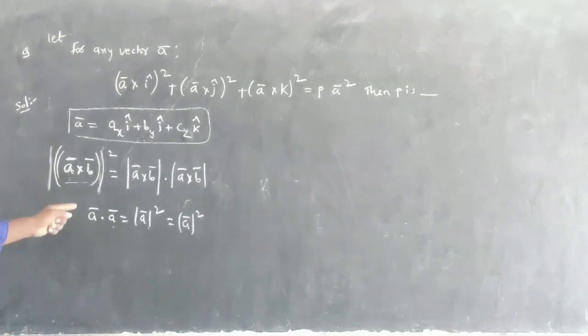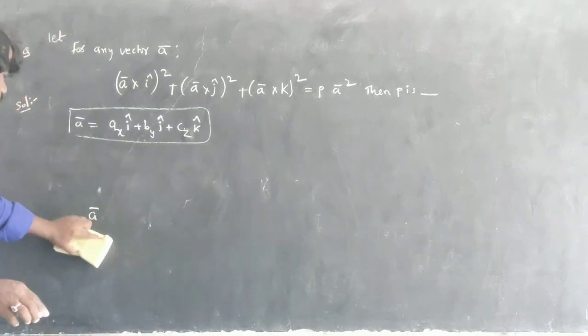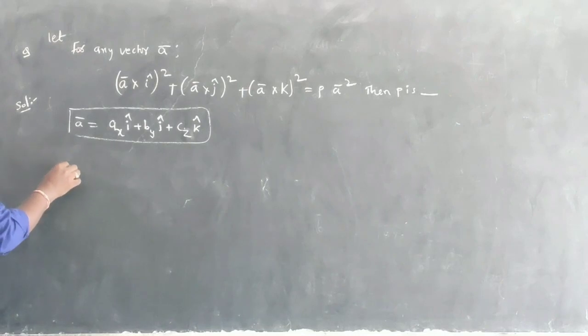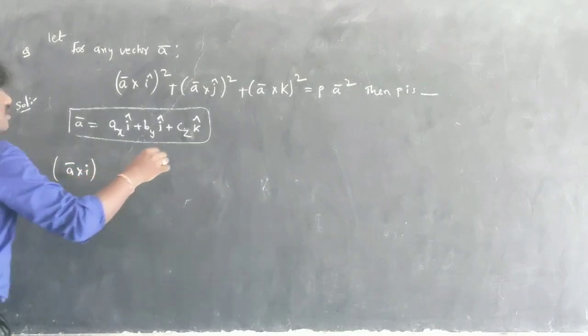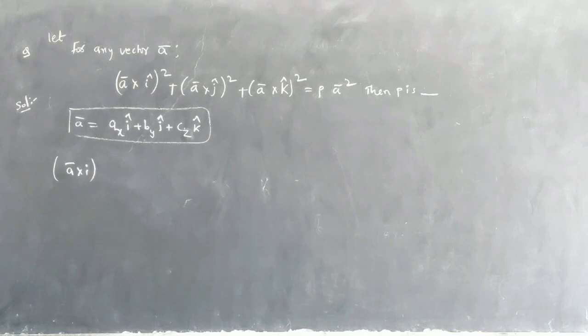Let us go for the same thing, the same condition for that. Now let us apply Lagrange's identity. What is the Lagrange's identity? A vector cross i cap. Let me see the question once.